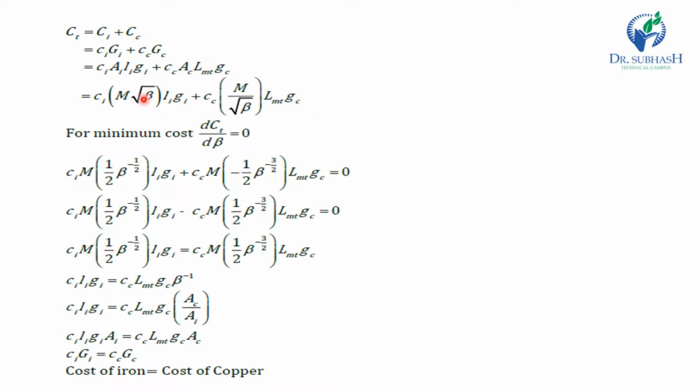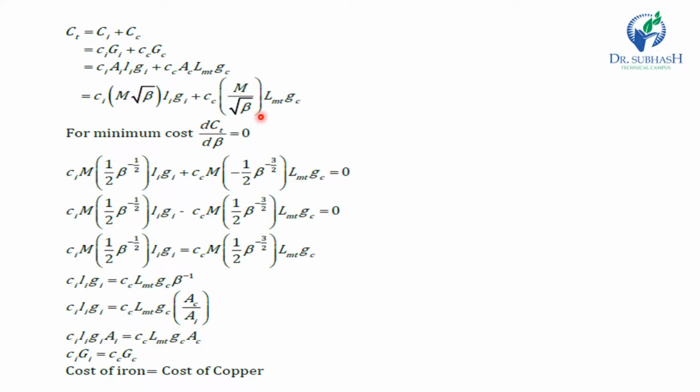So we differentiate total cost Ct with beta, and if this differentiation becomes 0, the minimum cost is obtained. So we differentiate this equation and put the value equal to 0.